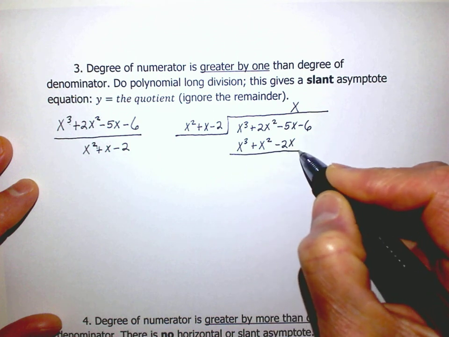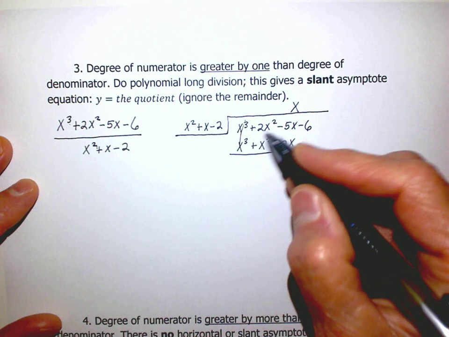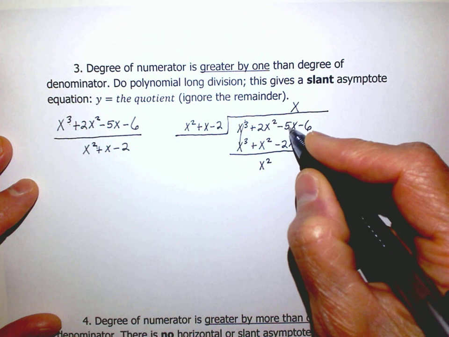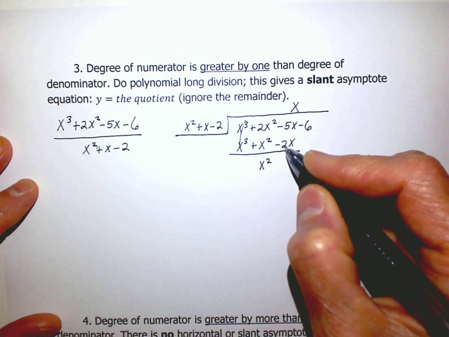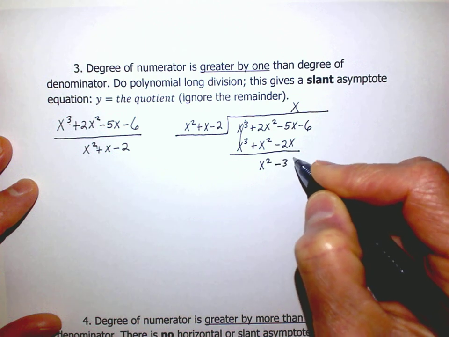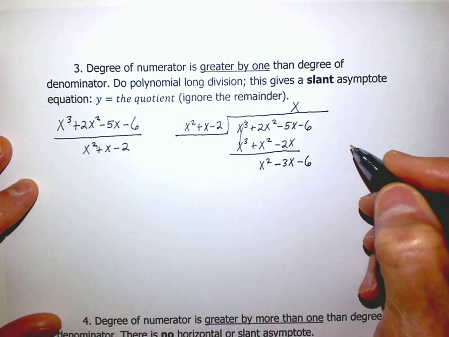If we subtract this minus this, that goes away. 2x squared minus x squared is x squared. Negative 5 minus negative 2 is negative 3x. Bring down the negative 6.